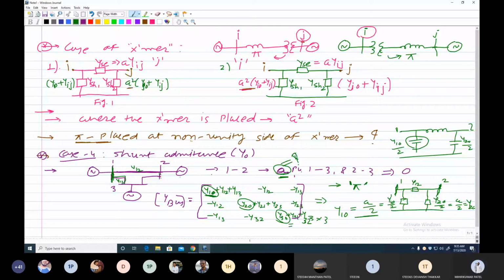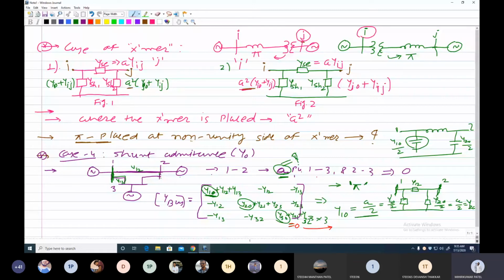Y30 is equal to 0. Why is it 0? Because there is no shunt admittance offered by the transmission lines 1-3 and 2-3.